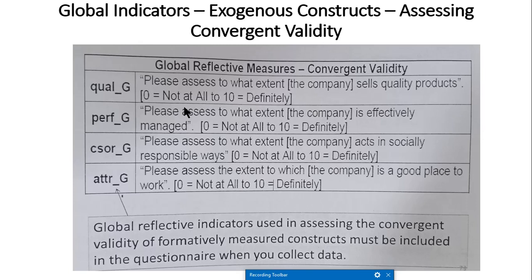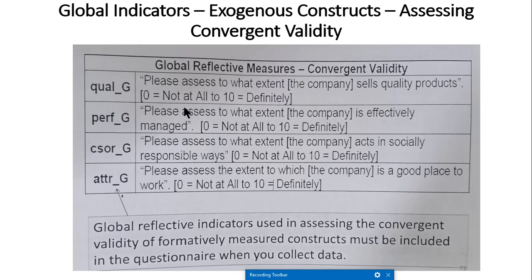Then the next step after that is we examine the collinearity of the formative indicators, and we have SmartPLS 3 software calculate for us all the VIF values. So VIF less than 5 is considered okay. If the VIF is more than 5, then we have serious multicollinearity.